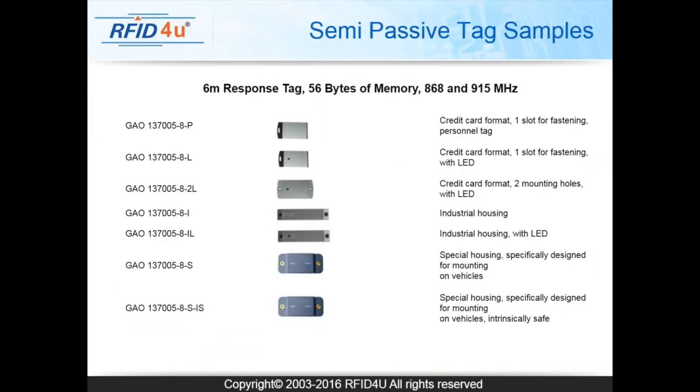And here's some examples of different semi-passive tags and what their common use is for. You can go out and just Google this, semi-passive RFID tags, and look at all sorts of different pictures and types.